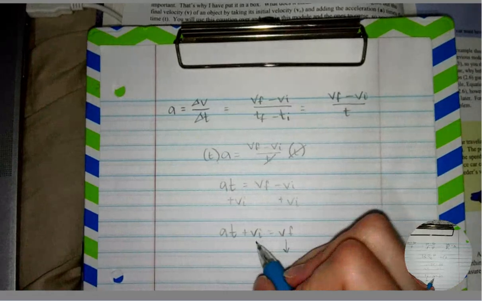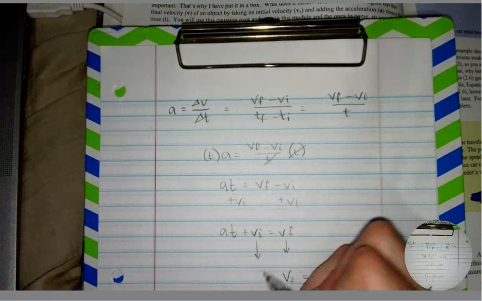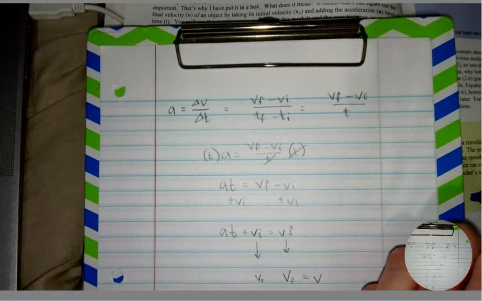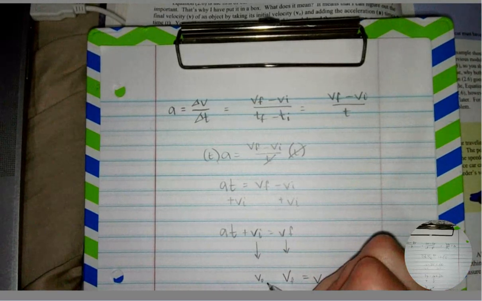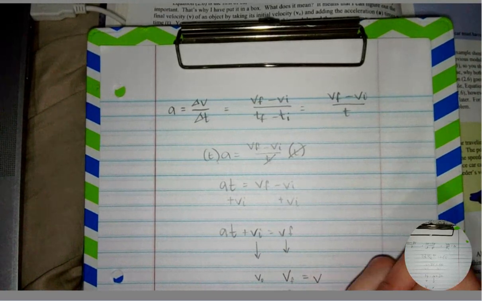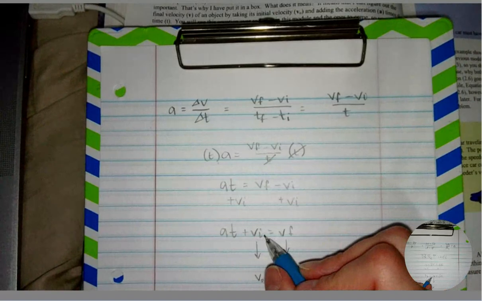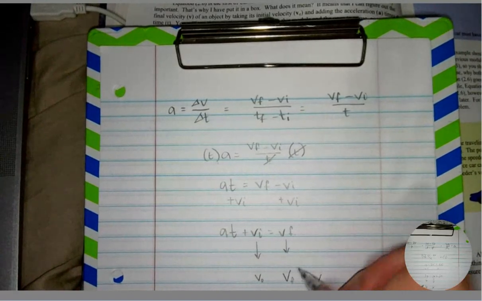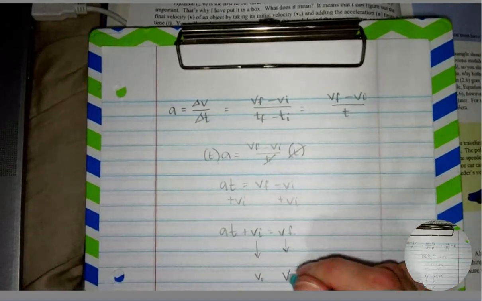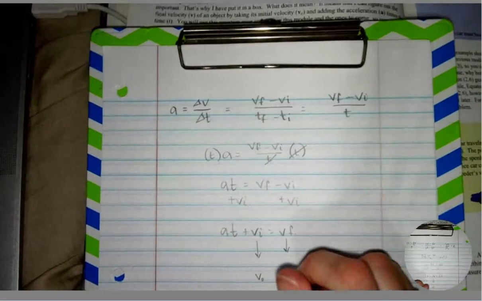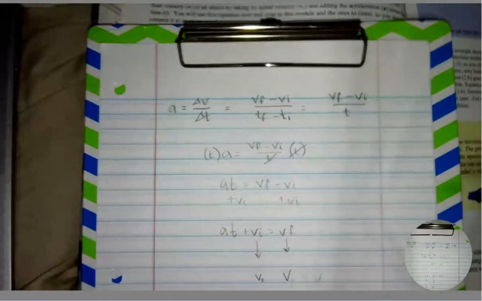Okay? They've also taken vi and changed it into v sub 0, which is called v naught. I will use v naught in your book, and the rest is the same. So if we simply convert vi to v naught and v final to regular v, we will find we have the same exact equation.